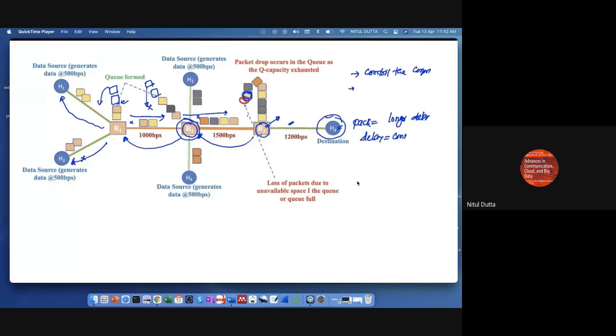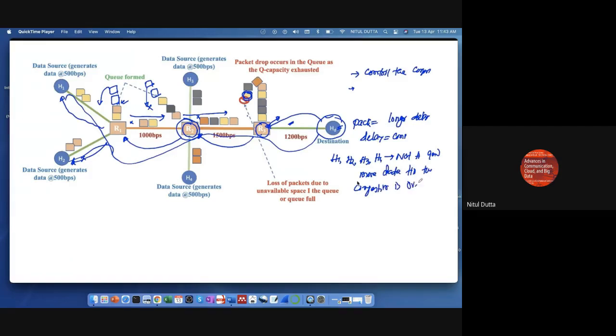So what H3 can do is inform not the nearest router, but directly the sources of data generation, that is H1, H2, H3 and H4, not to send more data till the congestion is over. This will in turn inform the sources of data and they will stop transmitting data.